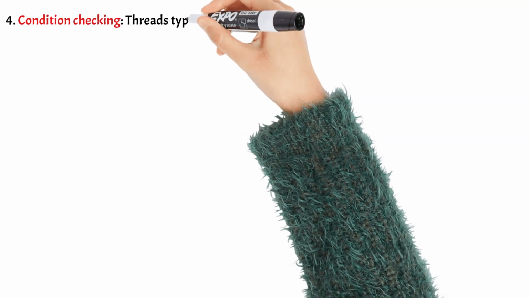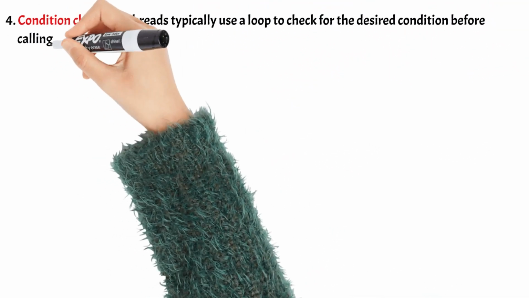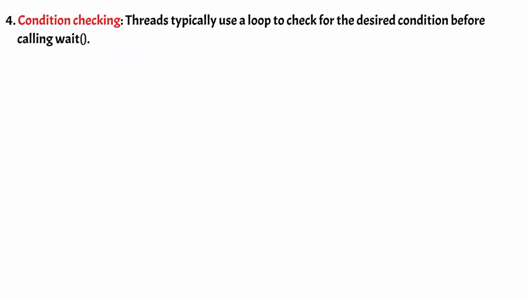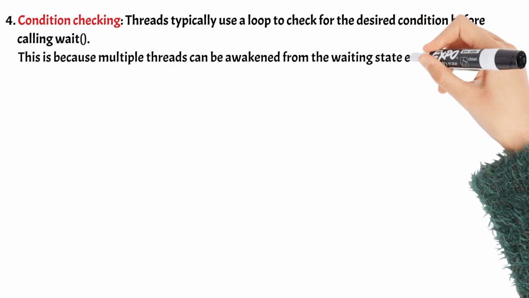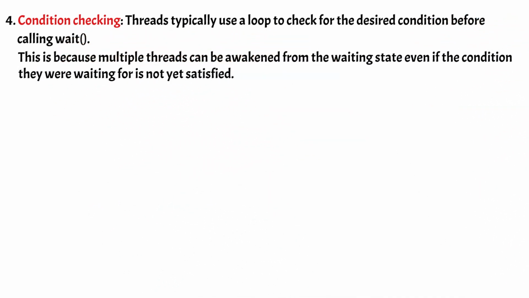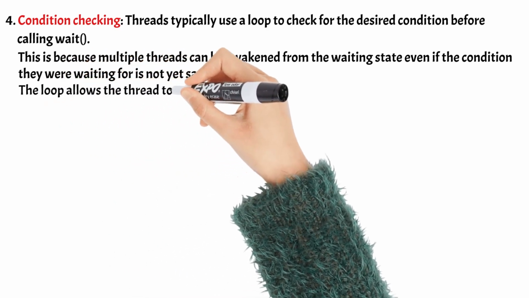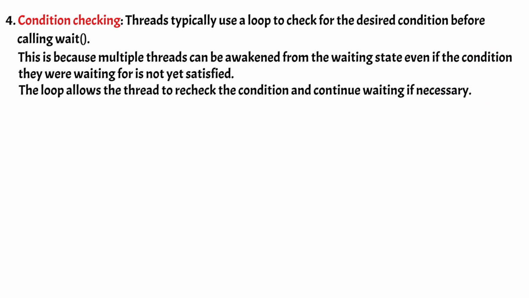Condition checking. Threads typically use a loop to check for the desired condition before calling wait. This is because multiple threads can be awakened from the waiting state even if the condition they were waiting for is not yet satisfied. The loop allows the thread to recheck the condition and continue waiting if necessary.